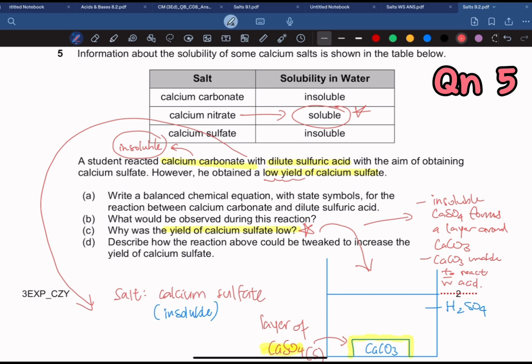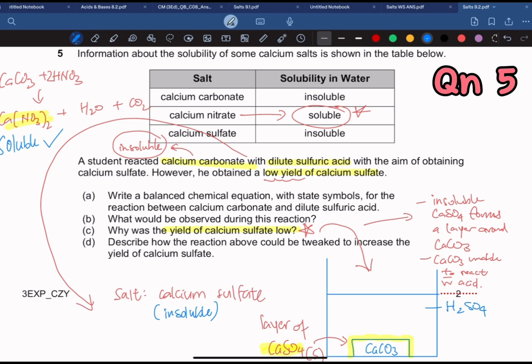And similar to the previous question, we will react calcium carbonate with nitric acid first. That will give me calcium nitrate plus water plus carbon dioxide. And then we have this, which is our soluble salt. Then we can proceed with the precipitation method that is needed here.